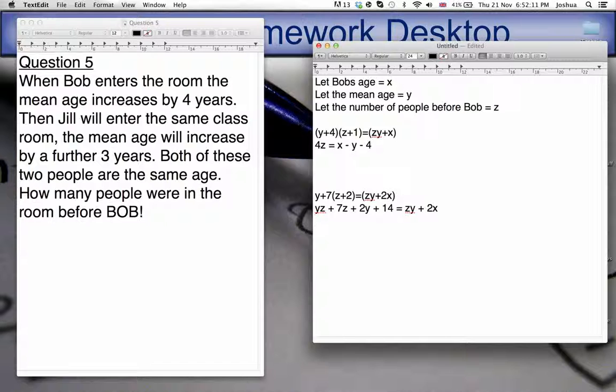Let's cancel down, get rid of the ZY's again, we don't need them. Put everything on the other side once more. So we're going to have that problem again. Go to the other side, and just make it a subtraction sign because we moved it across. Okay, we got two good equations over here.